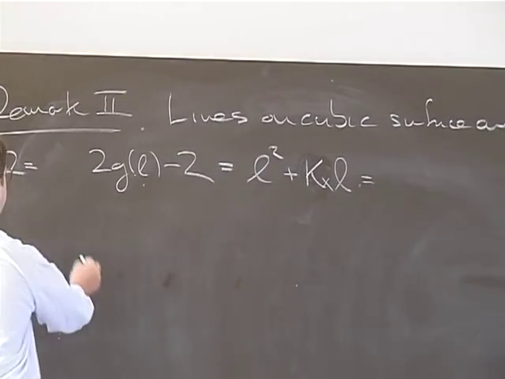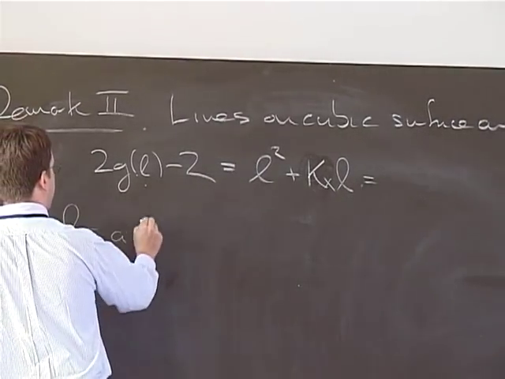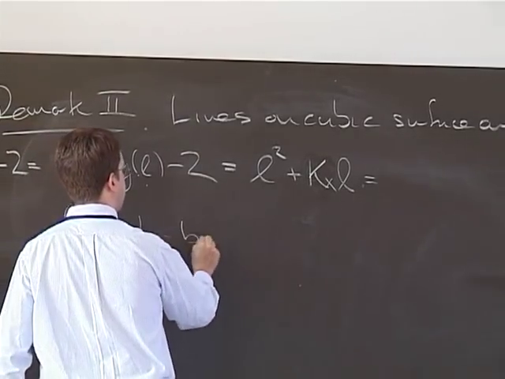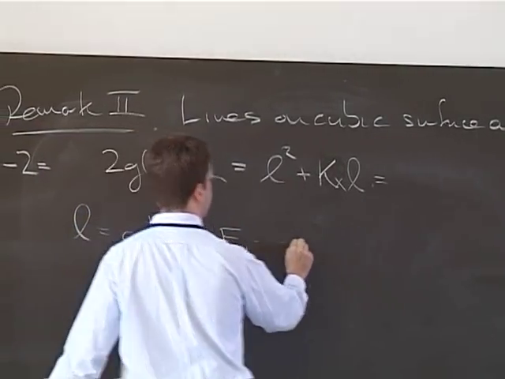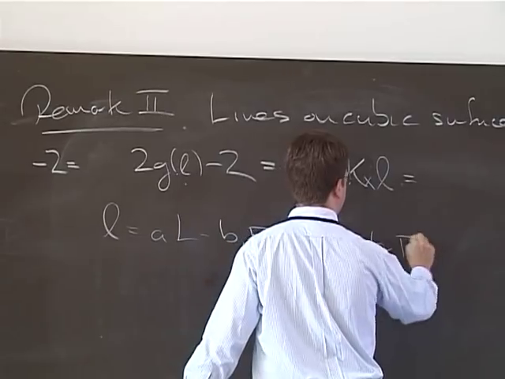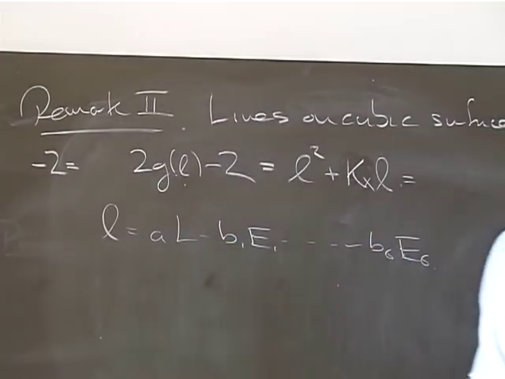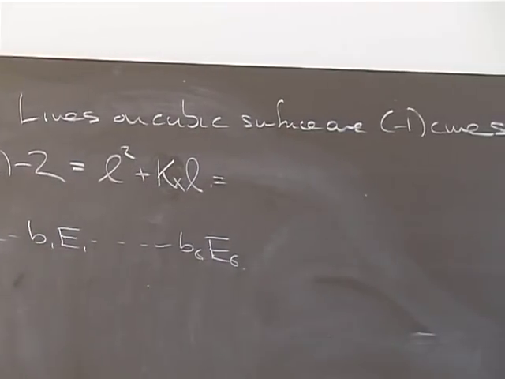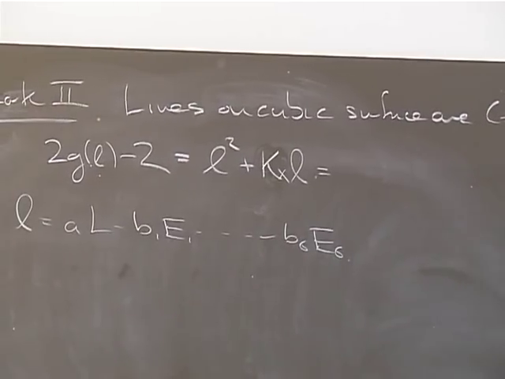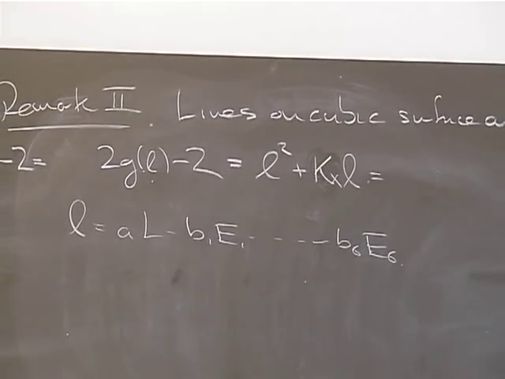So then, let's write our line in terms of our basis. We get a whole bunch of numerical conditions on the minus 1 curves.